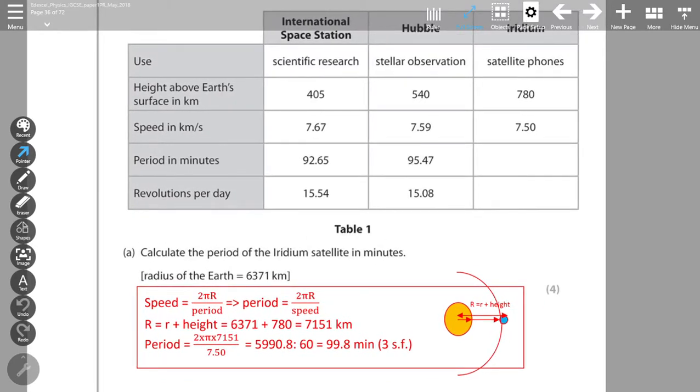Radius of Earth is given. So when we have radius of Earth and height, we need distance of the satellite from the center of the Earth. This is why first we calculate radius of Earth plus height. Height is here, 780.